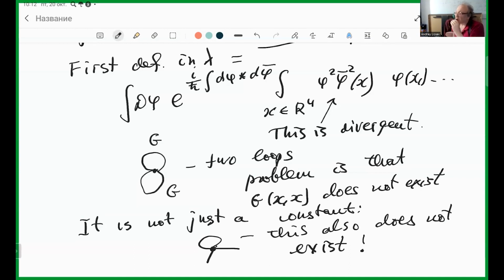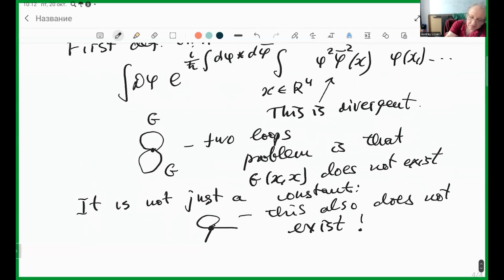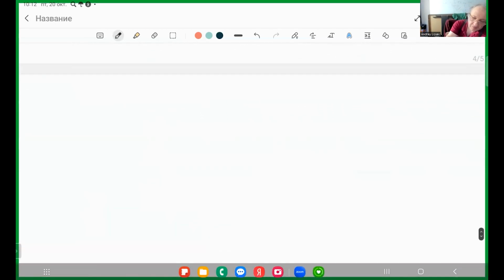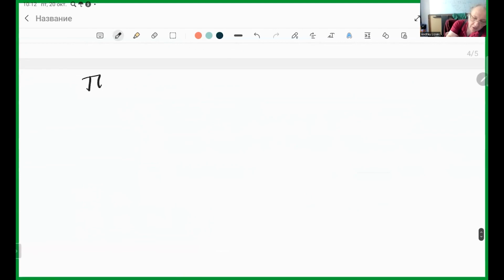Thus, the functional integral has to be improved.